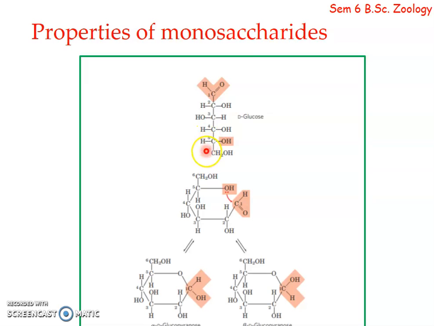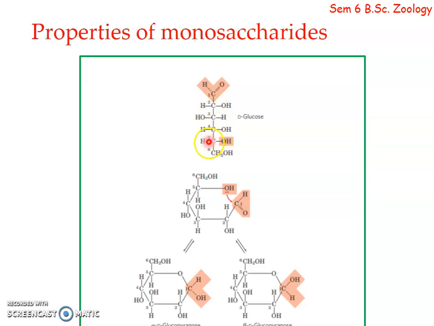This is the linear chain, or we call it the open chain of D-glucose. Now, in the open chain, we already mentioned that there are 4 asymmetric carbons. Out of the 6 carbon atoms, except the CHO and CH2OH, the rest 4 are asymmetric carbons.